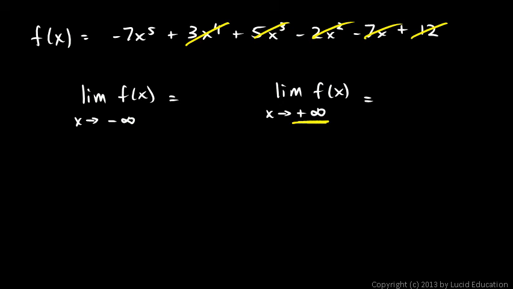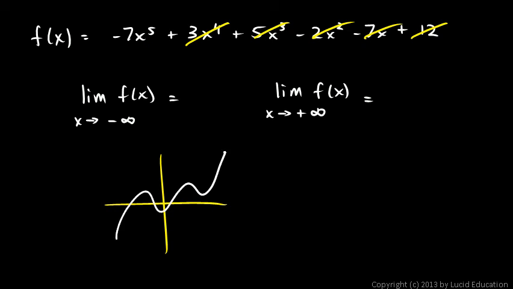As x becomes really large or really small, this term will dominate all the others. And I notice that's an x to the 5th. So in my mind, I think this. A 5th power function looks something like that, but there's this negative sign right there. Don't forget about that. That's going to flip it over. So it's going to end up looking something like this.